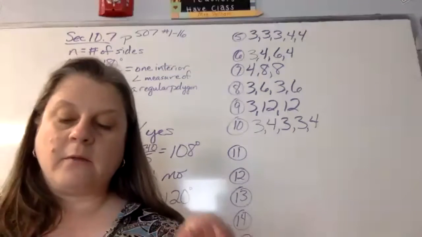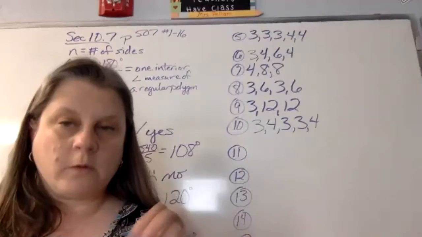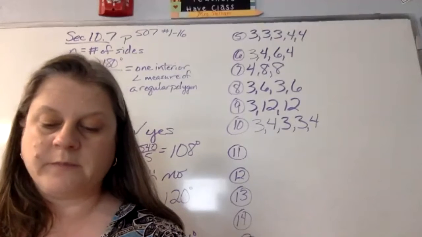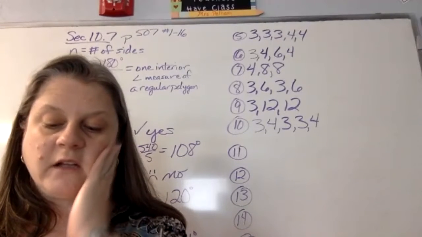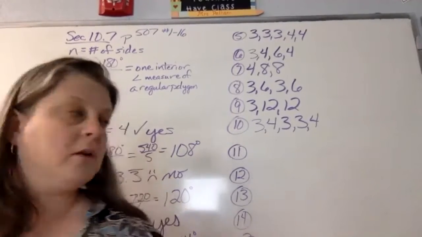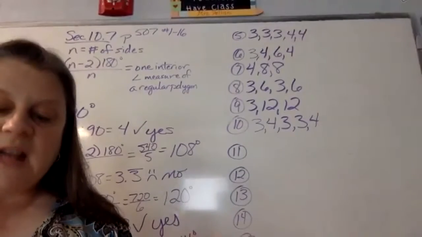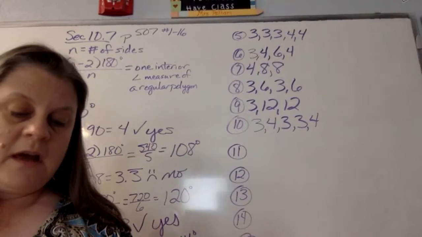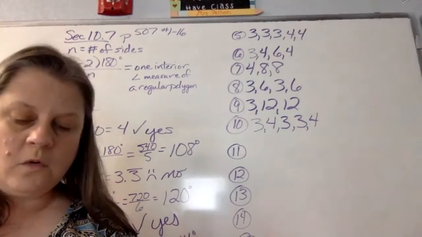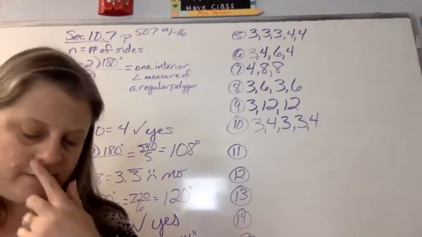If it's irregular, tell why. If it's regular or semi-regular, then we have to do our numbering system thing that we just did on 5 through 10. So you kind of have 2 answers for each one. You have whether it's regular, semi-regular, or irregular, and then the classification or why it's irregular.